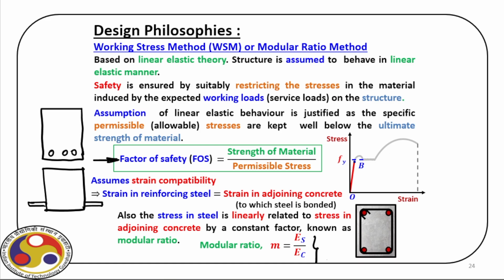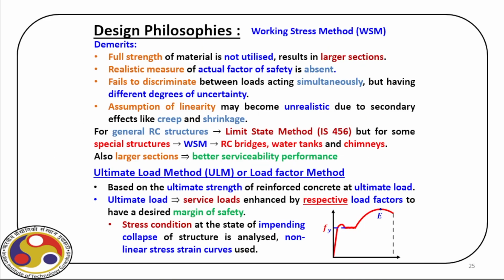Now, we have solved some examples. It has certain demerits. Obviously, the first one, we need a much larger section. Then another demerit is material properties are not fully utilized, right?